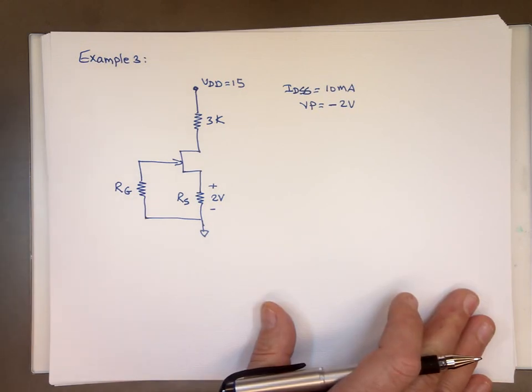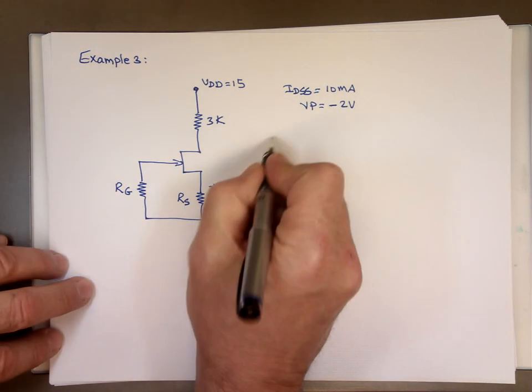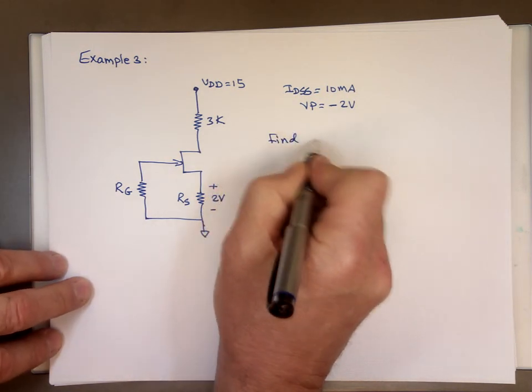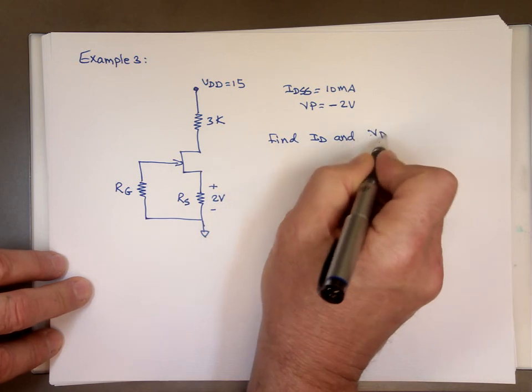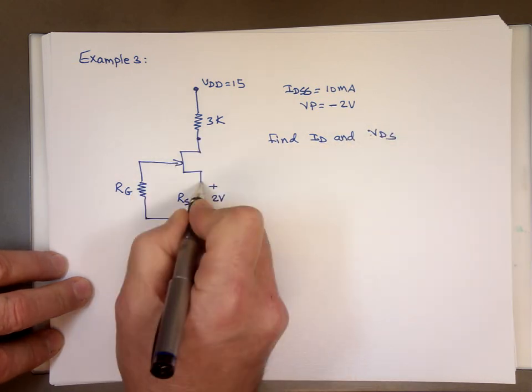Can you find what is I sub D and what is VDS? VDS is the voltage between the drain and the source.